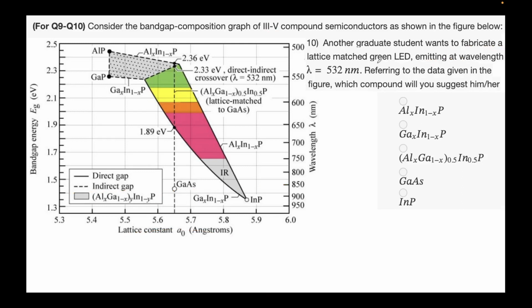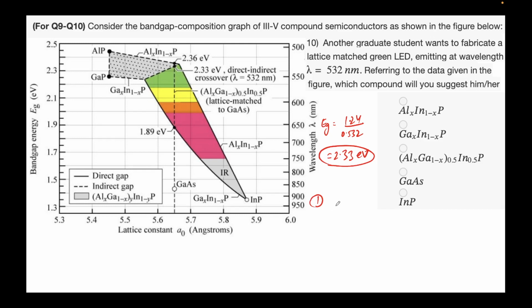Okay. The second problem is a similar thing. Again, we need a lattice matched LED with a wavelength of 532 nanometers. As the first step, let's identify what Eg corresponds to 532. So I'll do 1.24 over 0.532, because we need to put in micrometers. This comes out to be 2.33 eV.